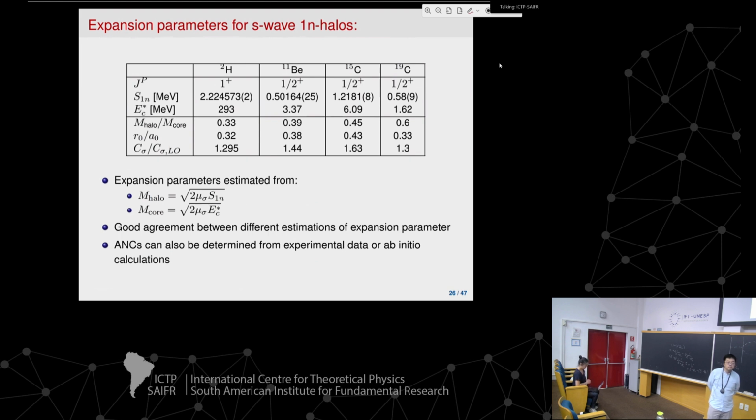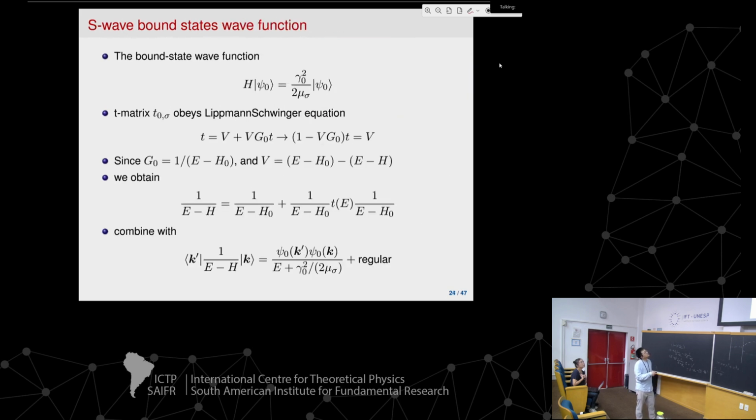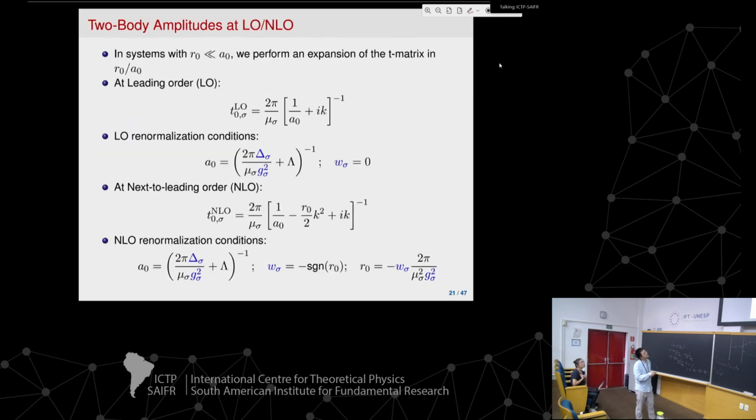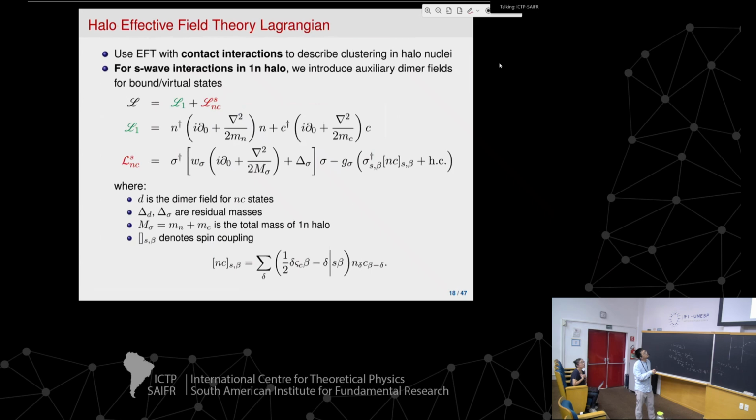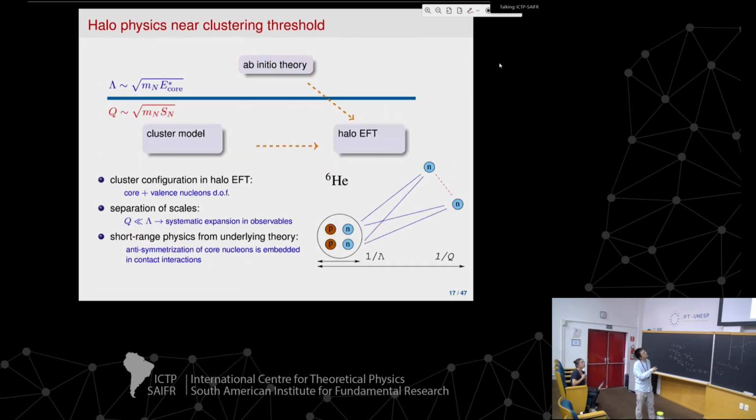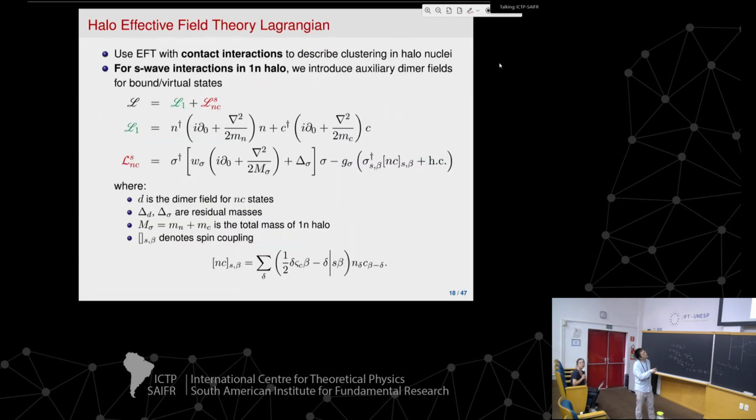I'm using a similar field as the static dimer field. Is there some difference or some reason in the outcome, because it looks like the same algorithm? I think static dimer field means without these connected parts, right? Yeah, just this delta sigma term. Right. So the thing is that at leading order, you really don't need this connected term.